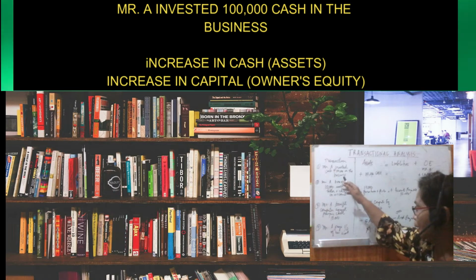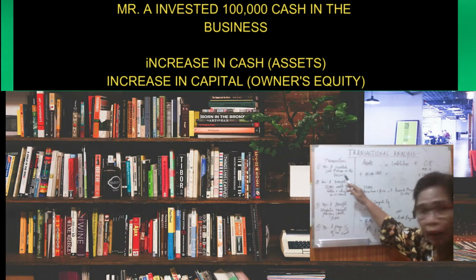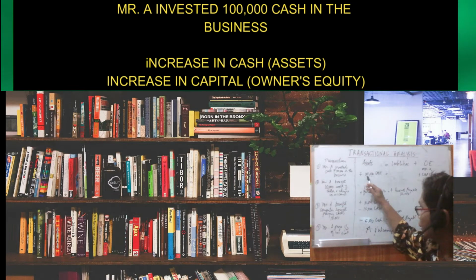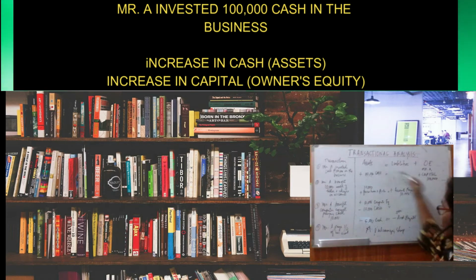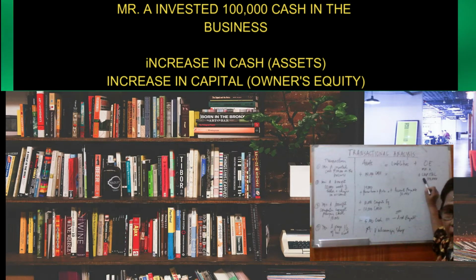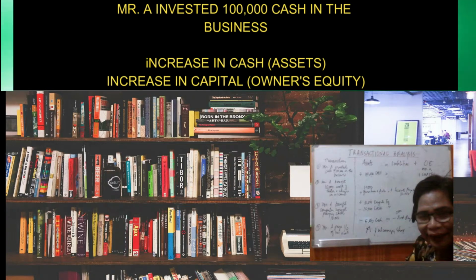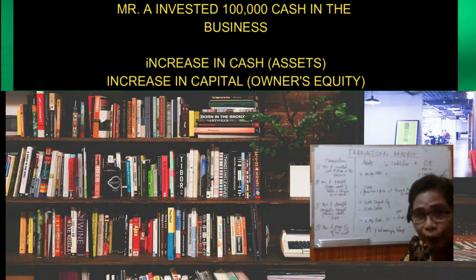Okay, so the business acquires cash through the investment of Mr. A. So the business received 100,000 cash here. There's an increase in the asset, and then a corresponding increase also in the capital of Mr. A. So it is equal, no? 100,000 on the left, 100,000 on the right. Equality of the business equation remains.